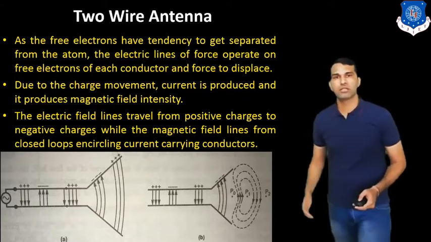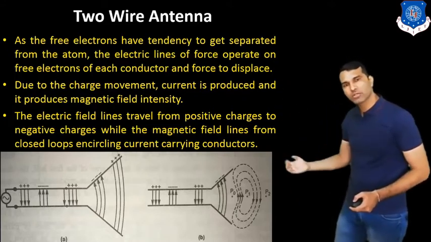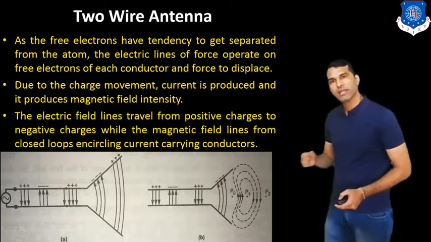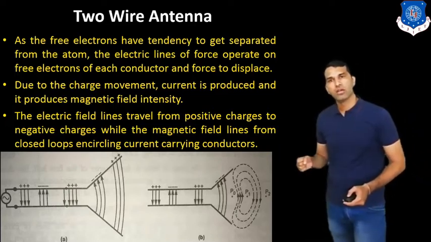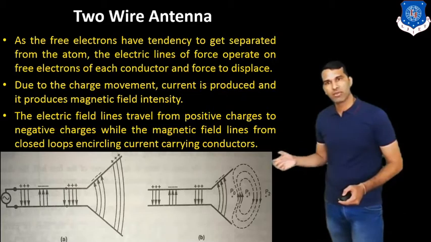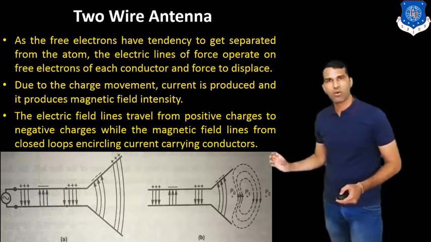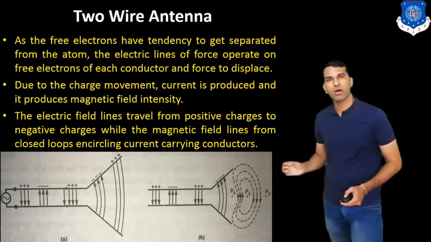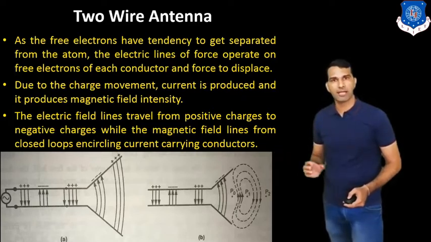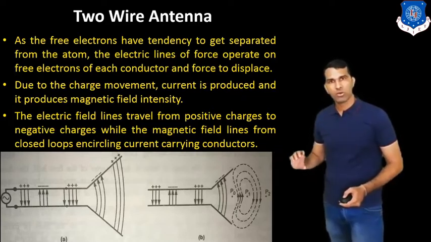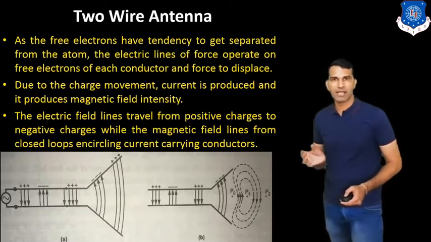So this is the mechanism of how the electromagnetic wave is produced inside this two-wire antenna. Here we apply the voltage to the two wires, and we use alternating current, that means AC current. We know that in the AC cycle, first is the positive half.